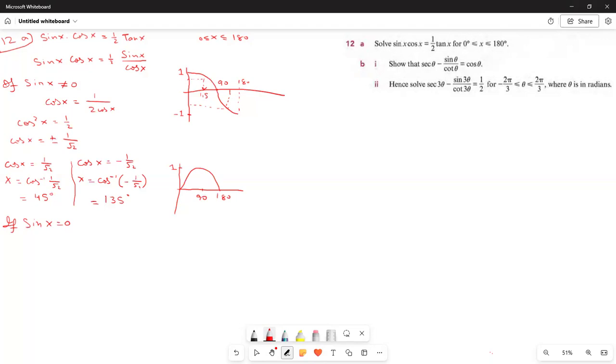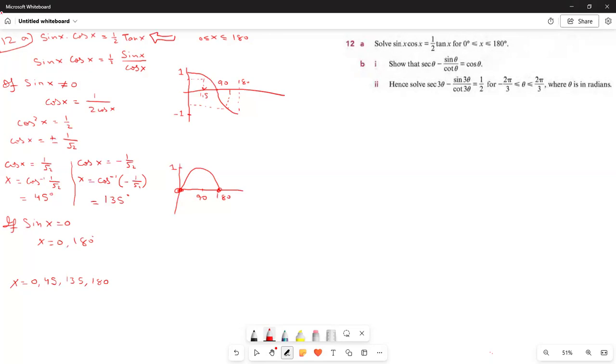So sin x is 0 at x equal to 0 or x equal to 180. So my final answer is that x is 0 or 45 or 135 or 180. You can substitute all these values one by one in this equation and confirm that it satisfies this equation.